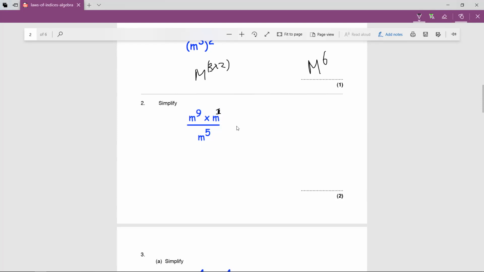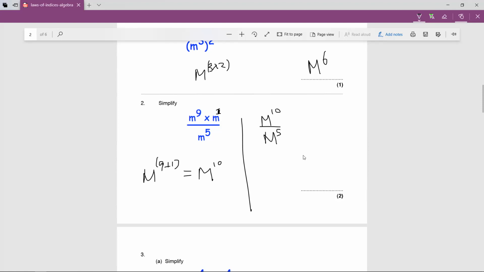Then you can now solve our math. Starting with the numerator, we'll have m to the power 9 plus 1, first law of indices. You'll get m power 10. The denominator does not need any simplification, so we'll simply bring in the denominator and join it with the numerator. So we have m power 10 for the top terms, and then there's m power 5 at the bottom.